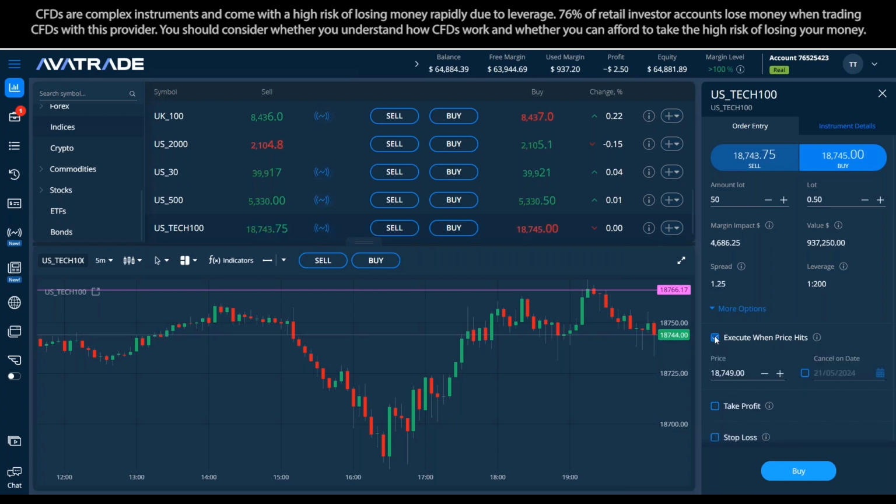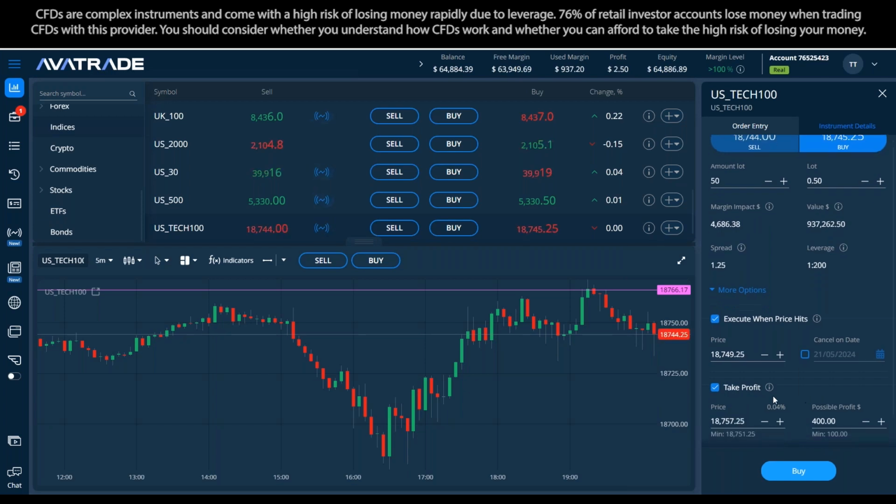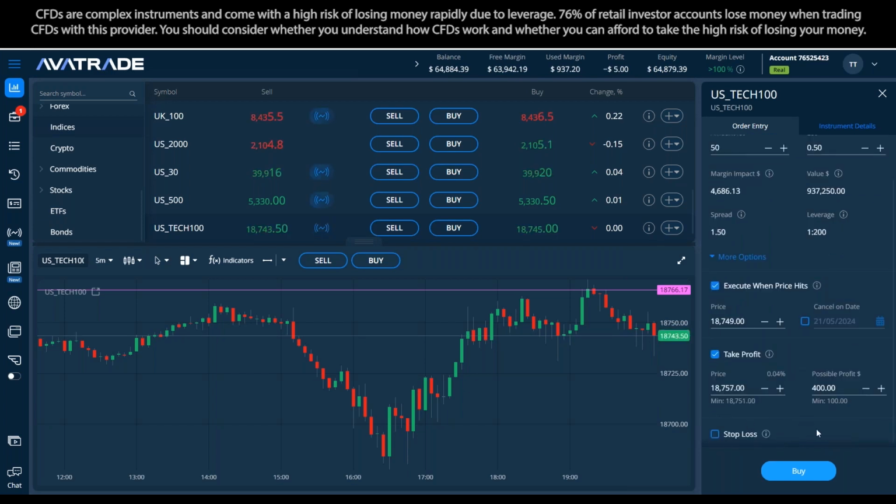Just click execute when price hits, click buy or sell for that, and then you put your take profit and stop loss, and depending on where your entry and exit points are, it makes it the right type of pending order. So if I want to buy, but only if it drops down to that pivot level, okay, so maybe I'm putting 675 or 680 just to get above that pivot.